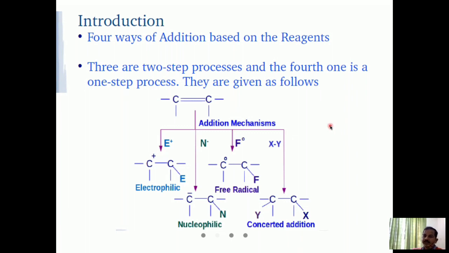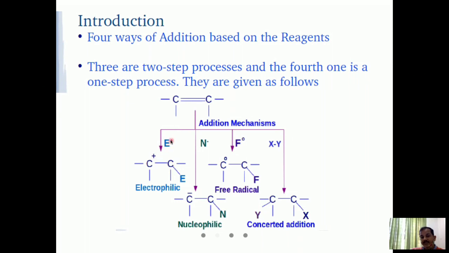So all reactions take place in two steps. The first step is that the electrophile is going to attack the double bond. The electrophile will go to the electron rich center. Among these two carbons, whichever is the electron rich center, the electrophile will go there.